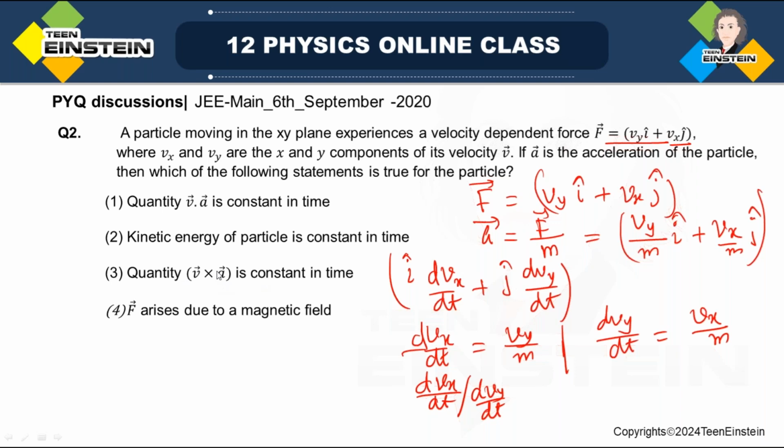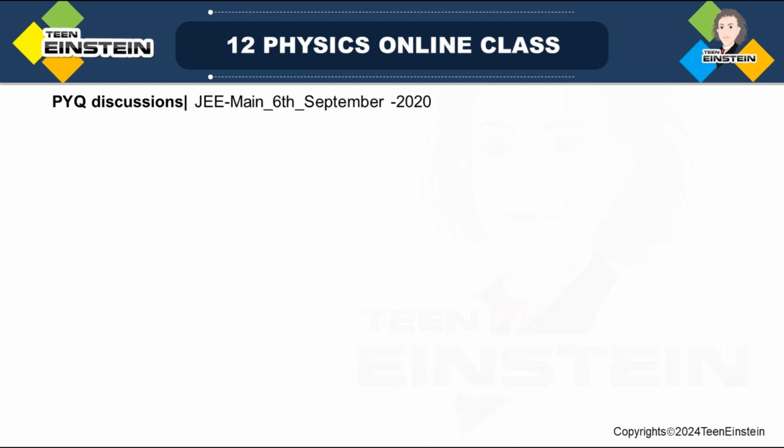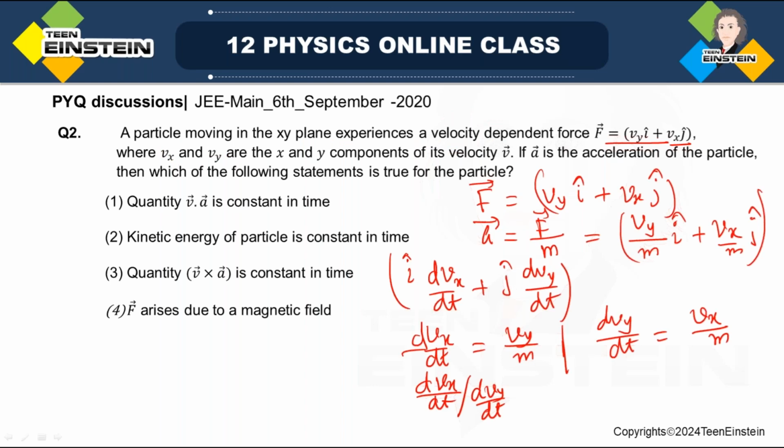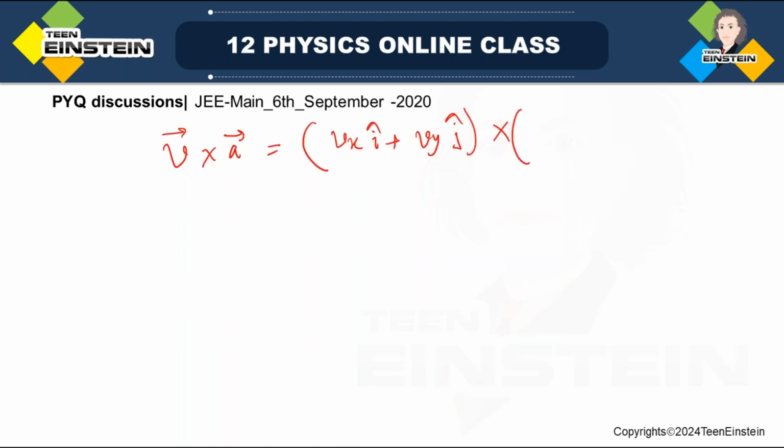Okay, quantity v cross a. So v cross a, v I am taking as vx I cap plus vy j cap, acceleration vy by m I cap, vx by m j cap.